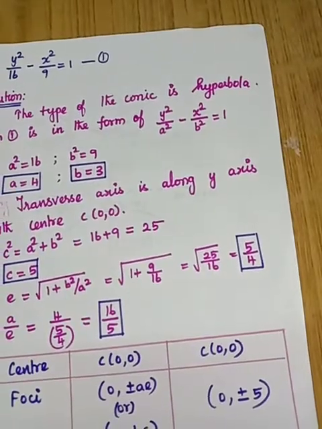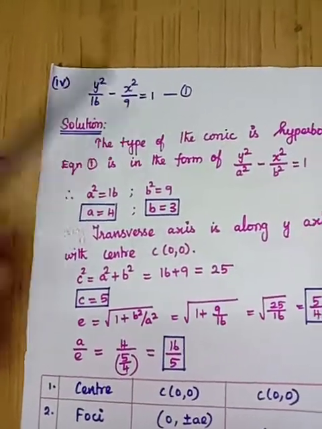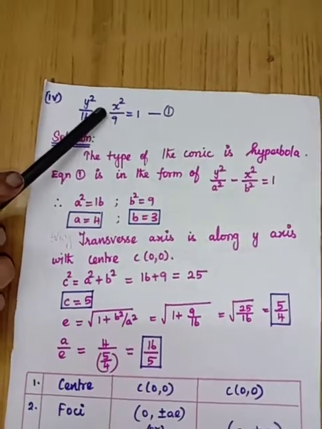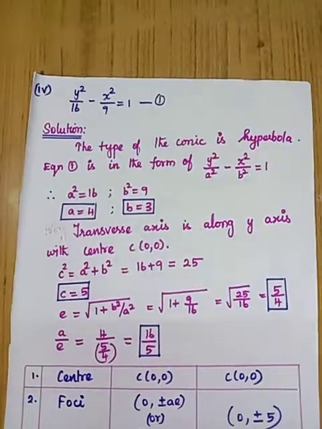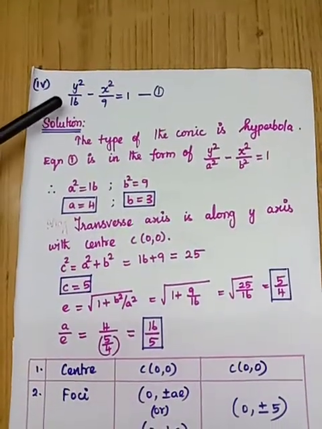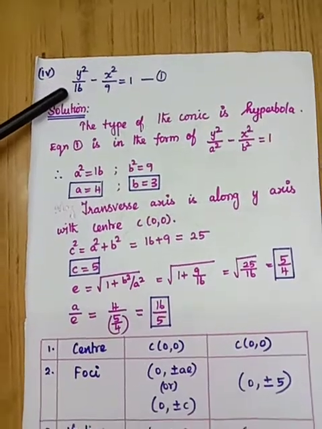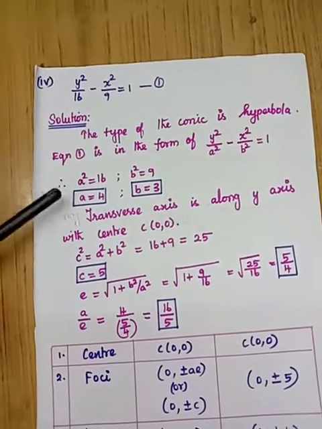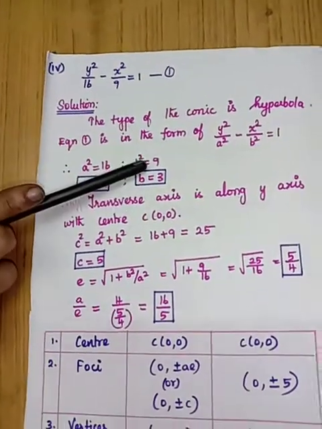Okay, next one. y squared by 16 minus x squared by 9 is equal to 1. In between you have a minus, so the type of the conic is a hyperbola. As I have said, the denominator which number is first, that has to be taken as a squared for the hyperbola. So your a squared is equal to 16 and your b squared is equal to 9.